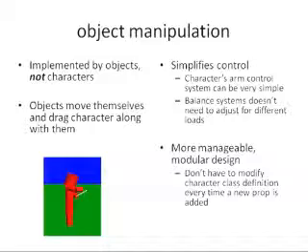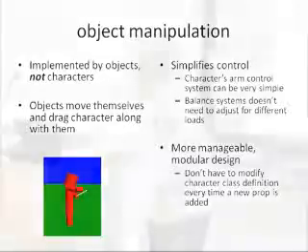The way object manipulation works is, say I want the character to hold the clicker in a particular canonical position. The easiest way to structure that is to put the knowledge inside the class for the clicker rather than inside the class for the character, so that we don't have to keep adding methods to the character class all the time.